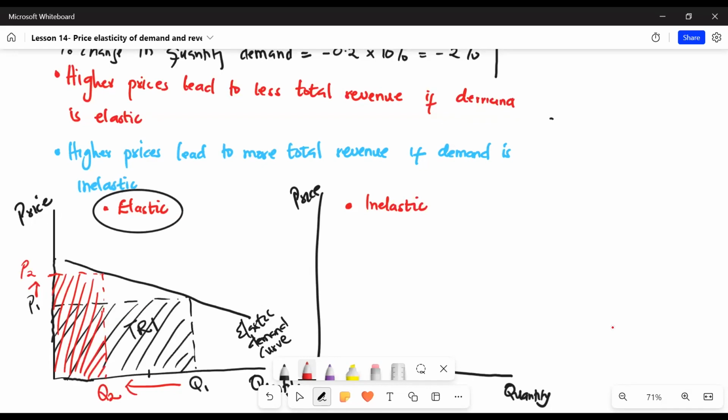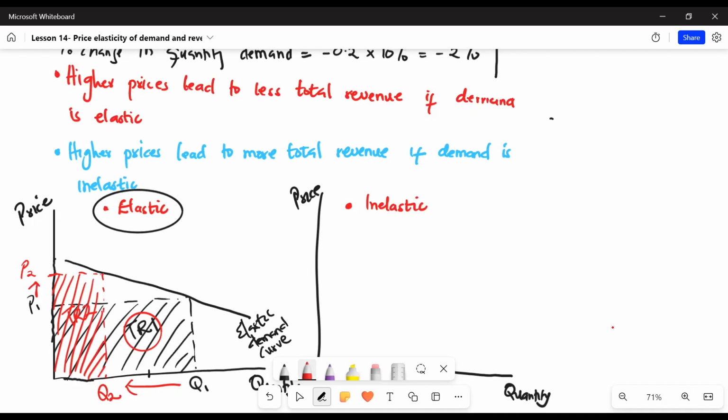Just by eyeballing this curve, you can see that TR1 is much bigger than TR2. This means that higher prices lead to less total revenue if demand is elastic.